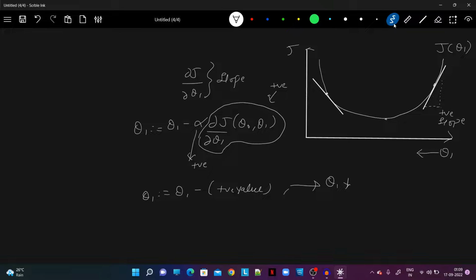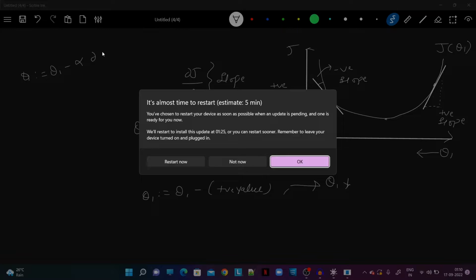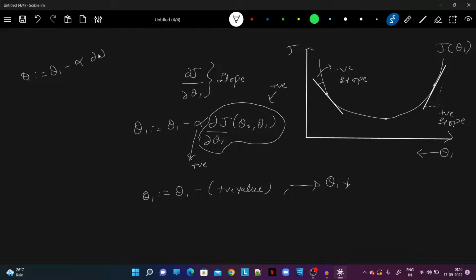Here, if you see, this is a negative slope with this angle. In this case, what will happen? For this, theta 1 equals theta 1 minus alpha times del J of theta over del theta 1.